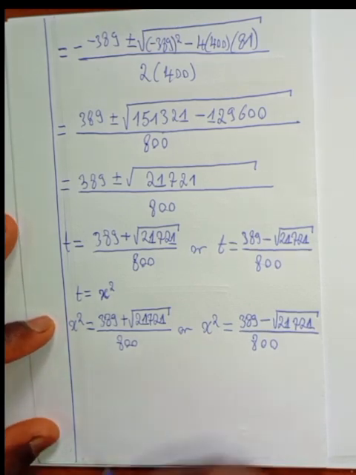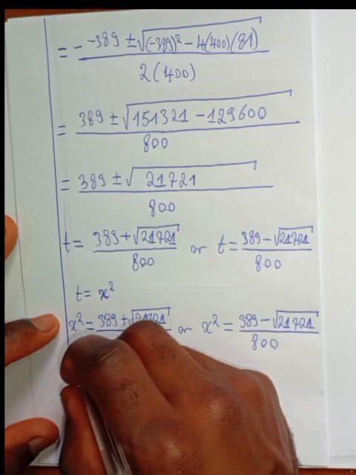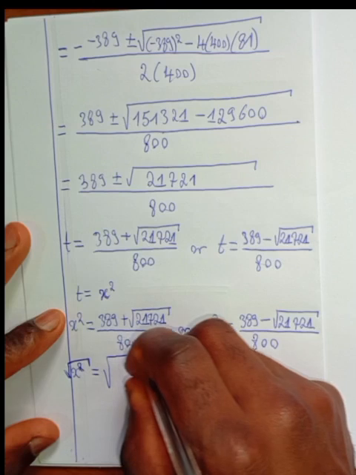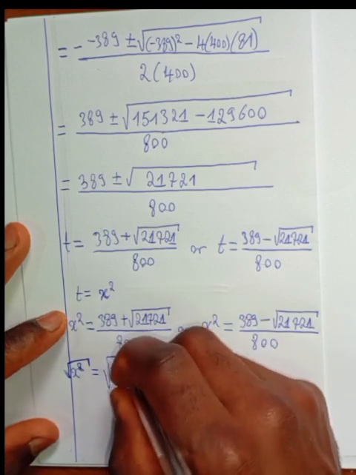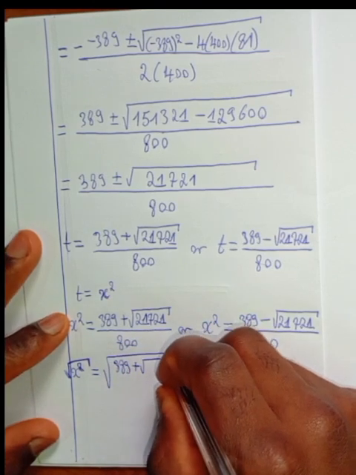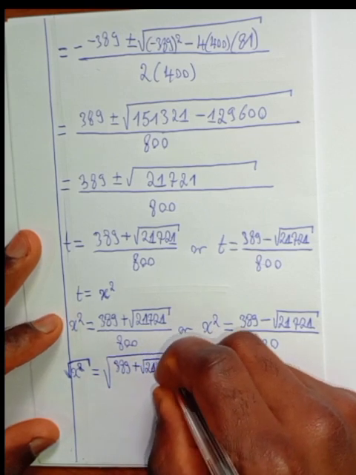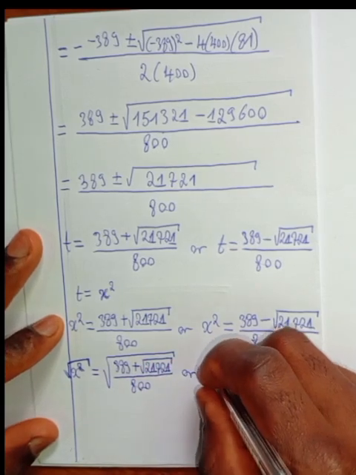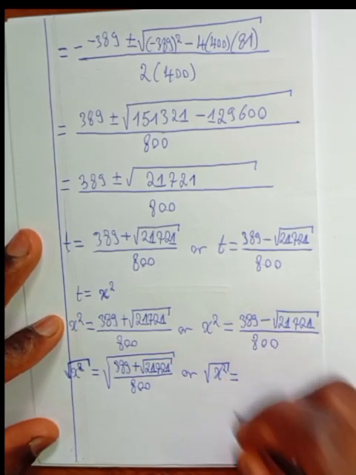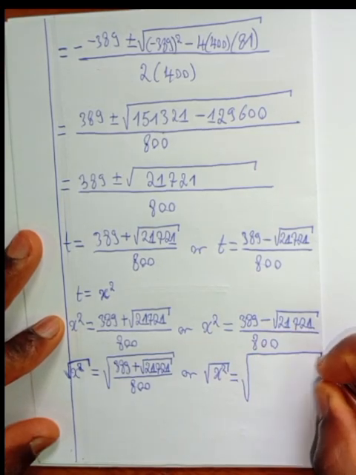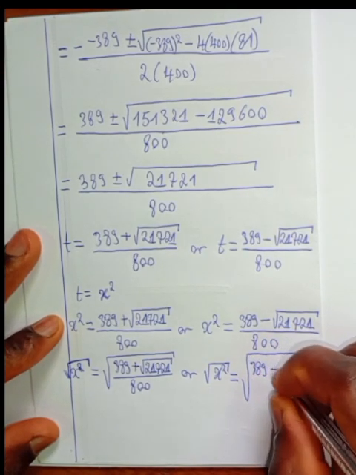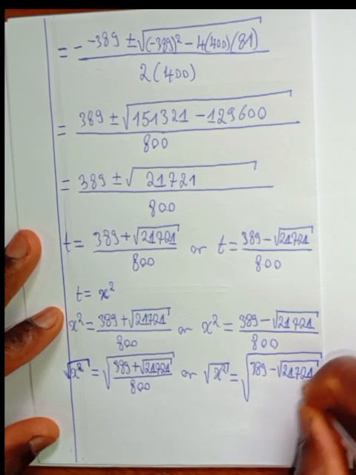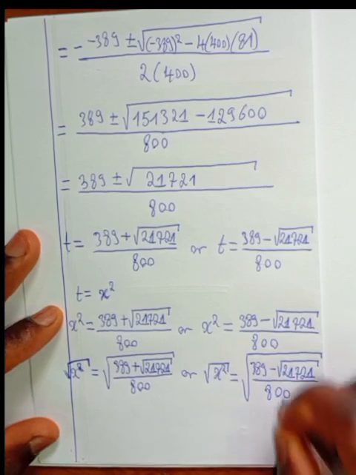We take square root, this will give us x squared. We take the square root of x squared, it will be equal to the square root of 389 plus root 21,721 all over 800, or the square root of x squared will be equal to the square root of 389 minus root 21,721 all over 800.